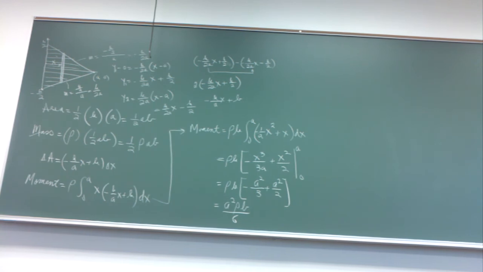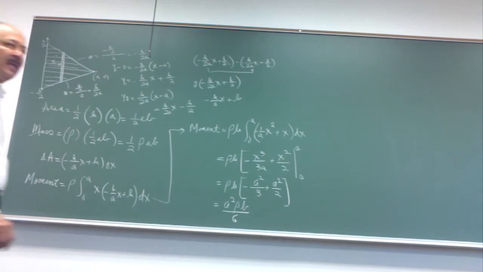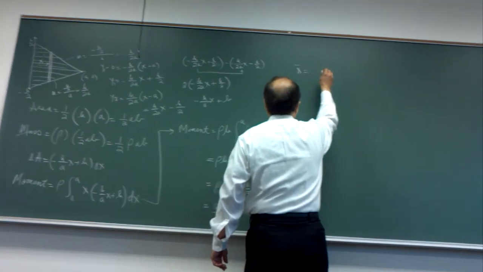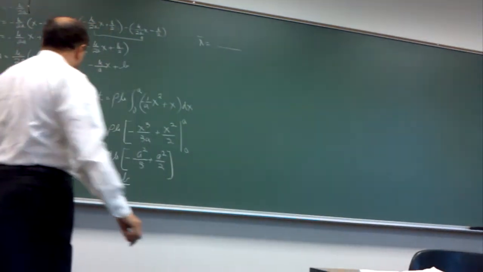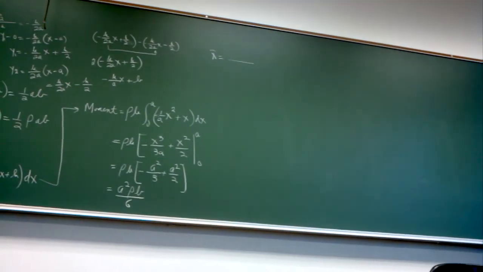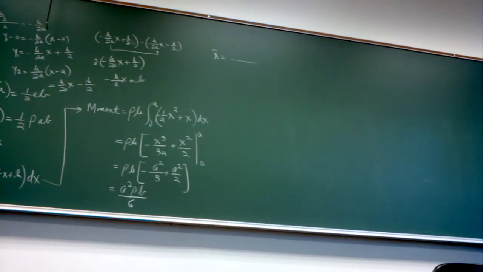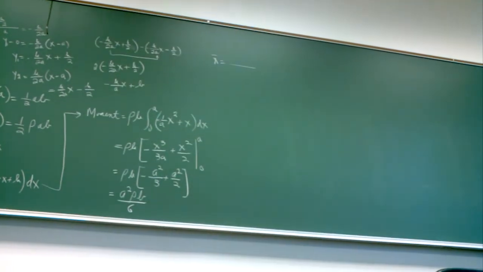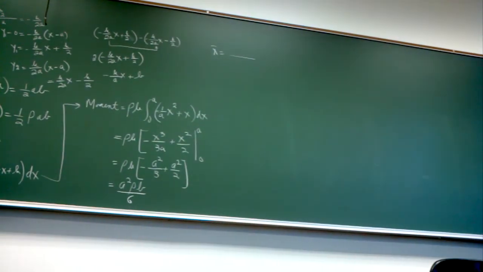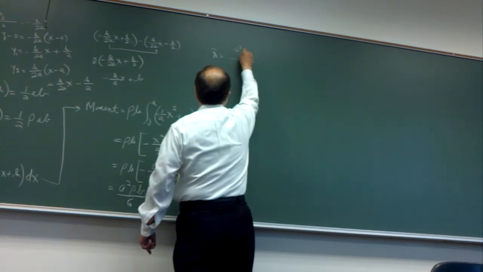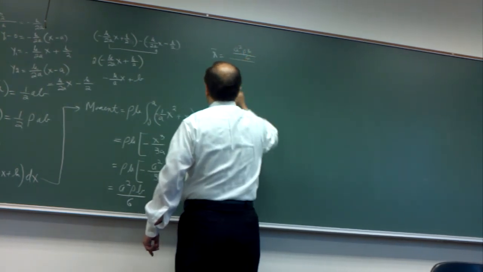We're just about there, folks. X bar equals the moment, the total moment, divided by total mass. Everybody comfortable with that? The total moment is a squared rho b over 6.